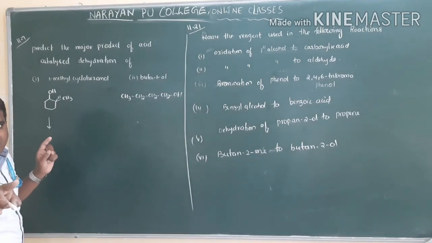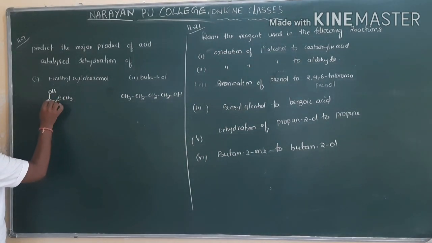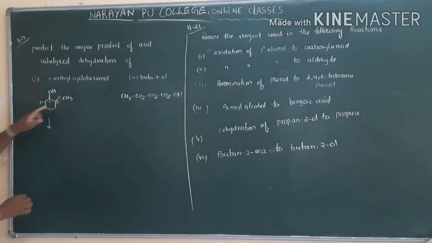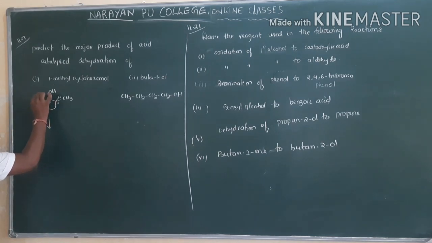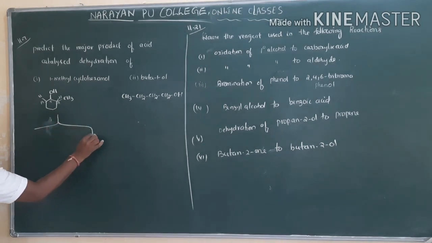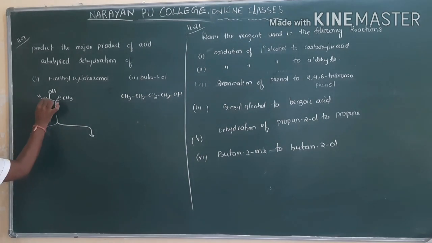The OH attached carbon is the alpha carbon, and the next carbon we consider a beta carbon. We have two beta carbons. One has H, and this is also a beta carbon, and here also H is there. I will write two possibilities here. If you do dehydration from this molecule, the water molecule will be removed in this way.